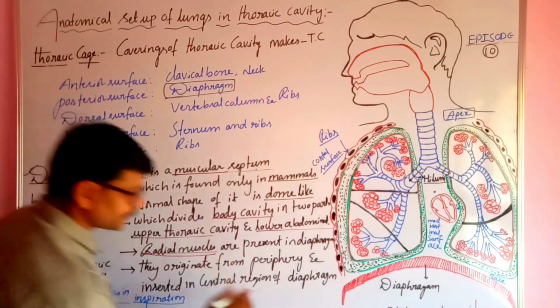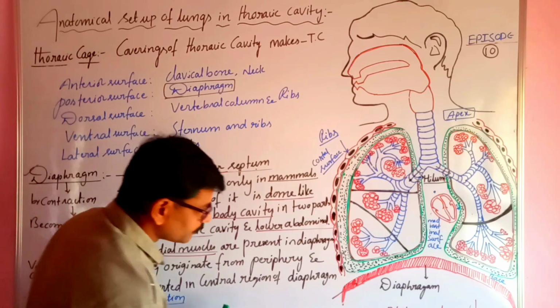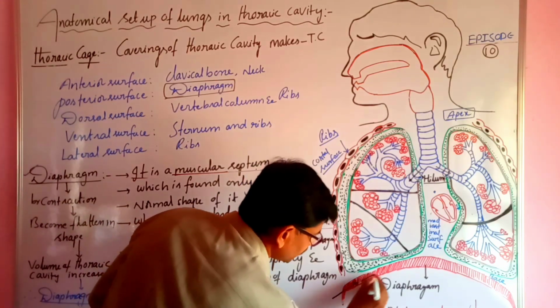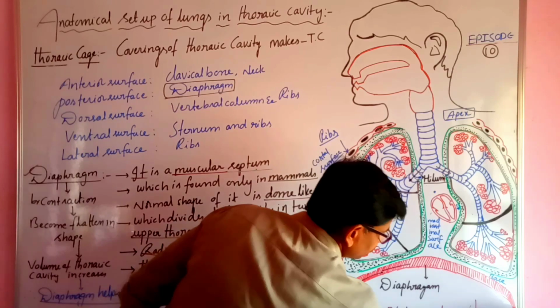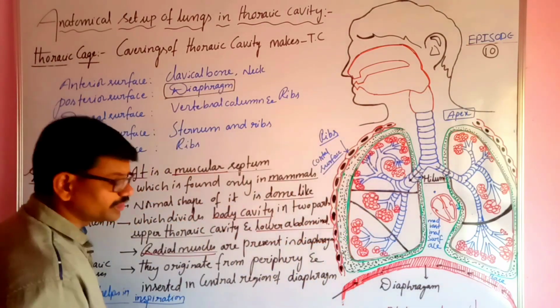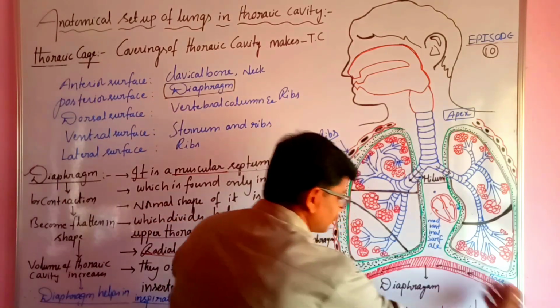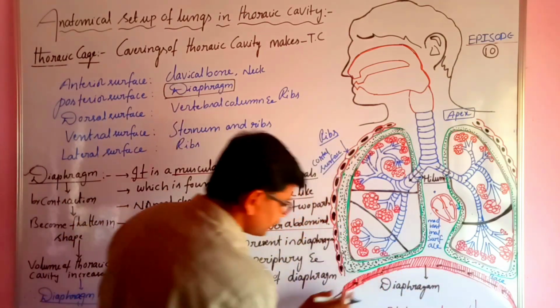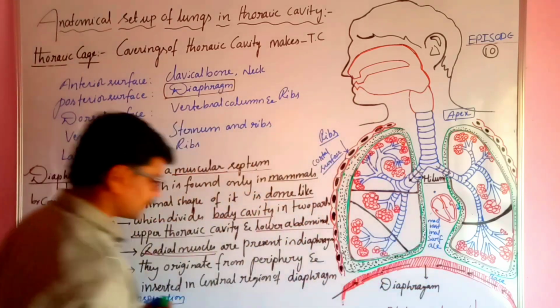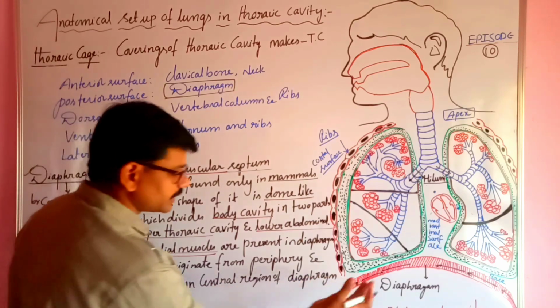They originate from the periphery, from the sideward, and slowly enter into the center. During embryonic formation, these muscles originate from the periphery and are inserted into the central region of the diaphragm.